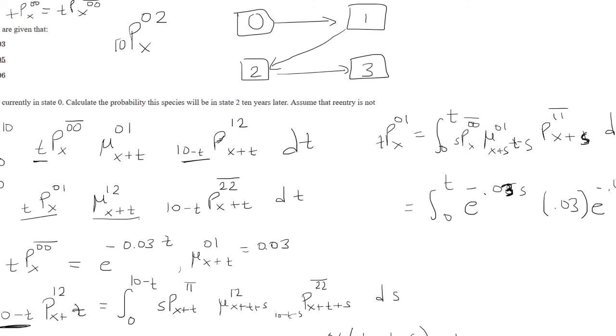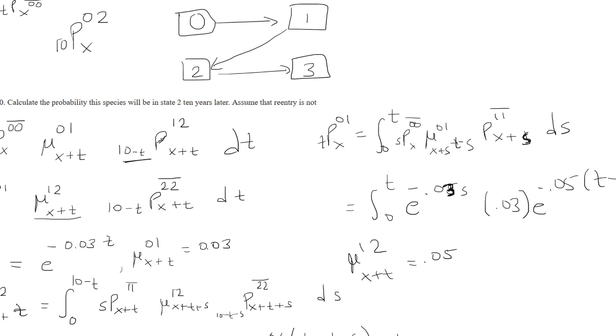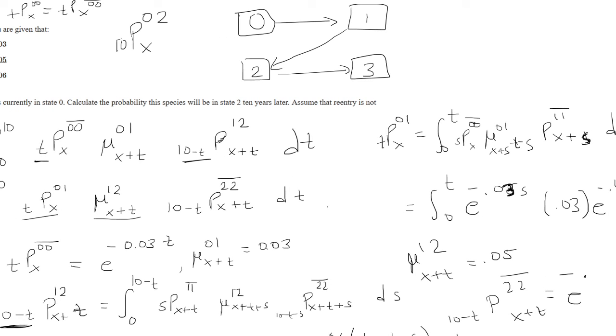The next thing is the force of transition from state 1 to state 2. That's 0.05. And then we want to find the probability that we'll start in state 2 and end at state 2 for 10 minus t years. So we'll be looking at the force of transition exiting state 2, which is the 0.06.